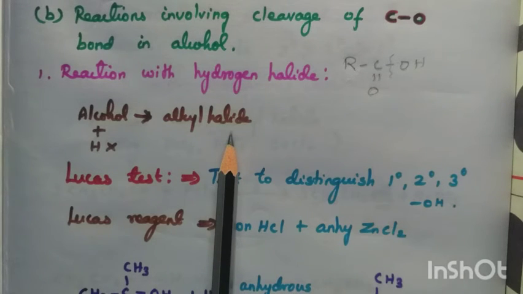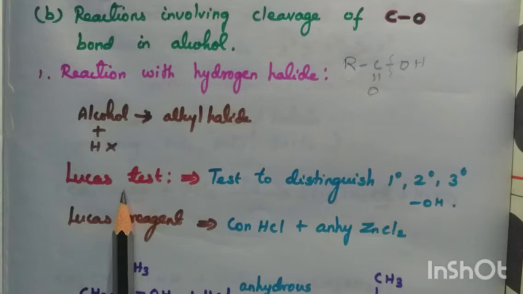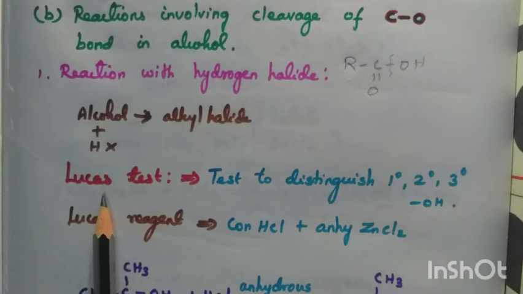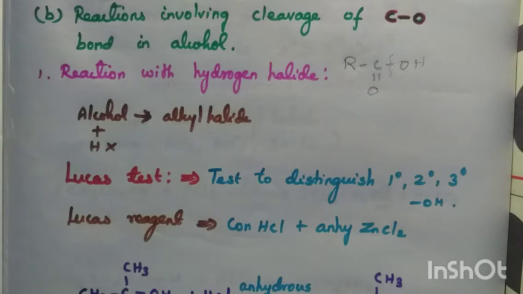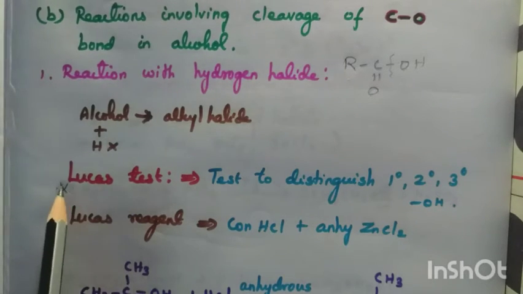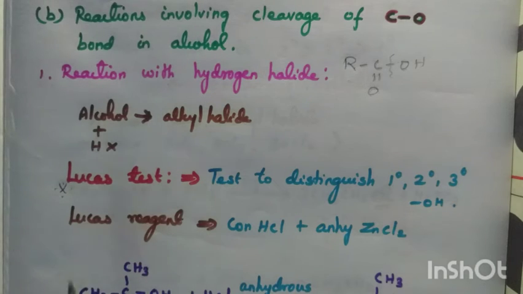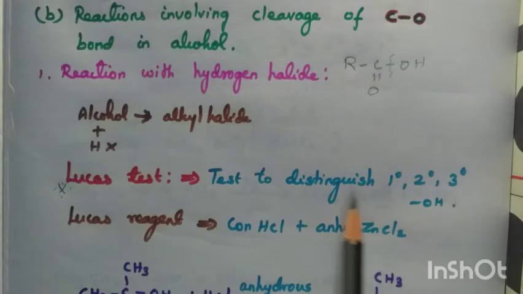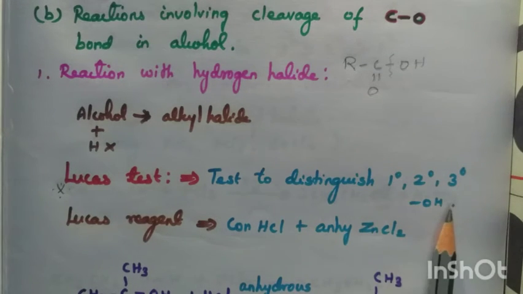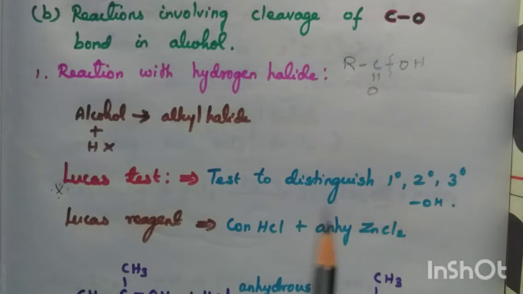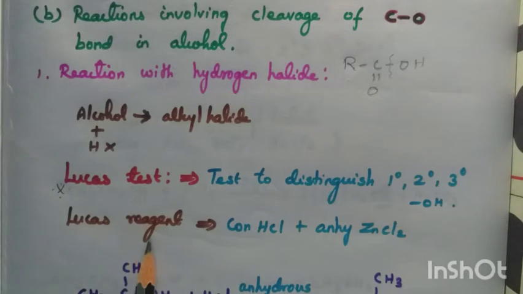It gives alkyl halide. So the test for the formation of alkyl halide is the Lucas test. The Lucas test is one of the important name reactions. The Lucas test is used to distinguish primary, secondary and tertiary alcohol. For any reaction, we need one reagent, no?